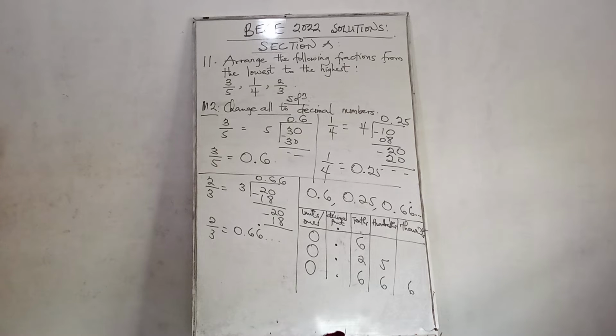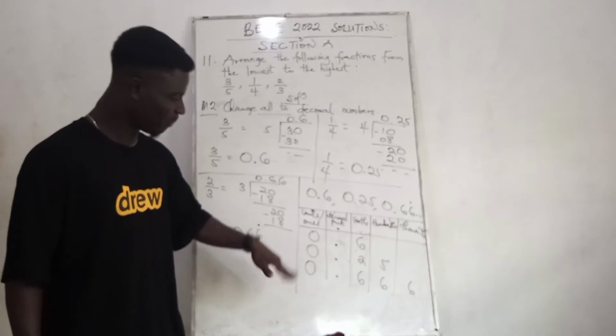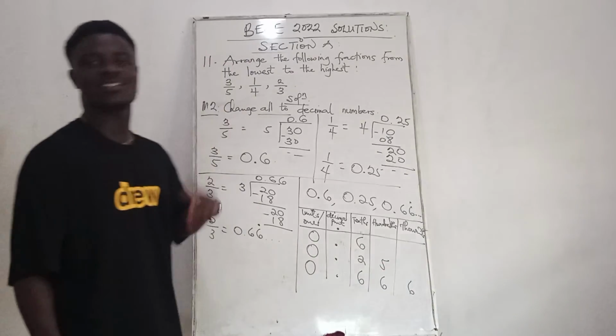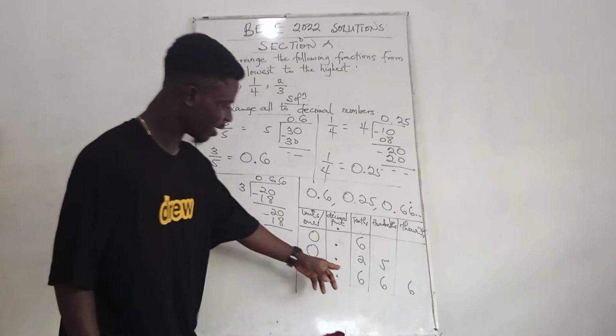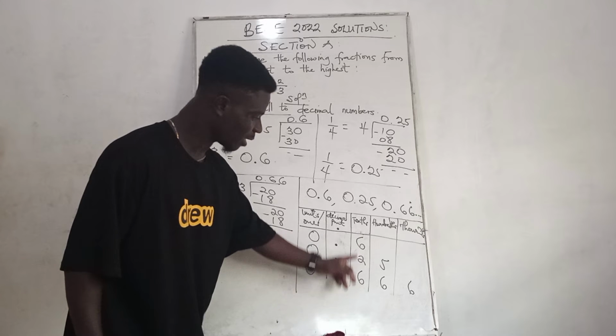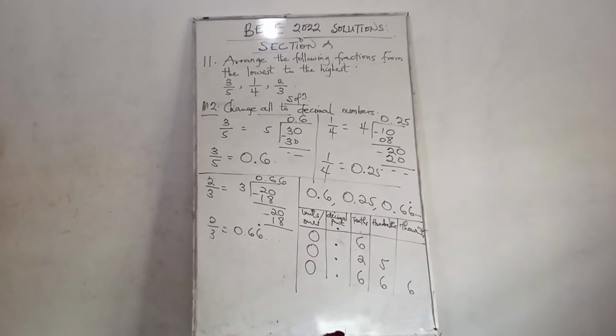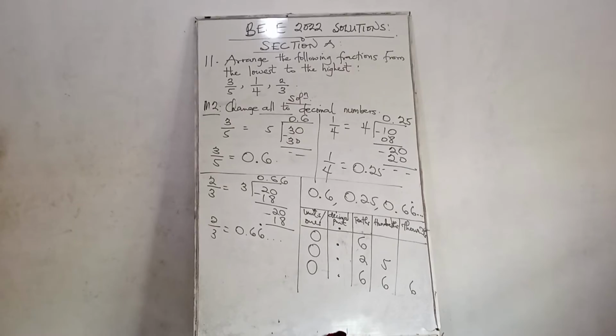So now let's see how best we can solve this. As you can check here, 0.25 is the smallest. Because if you compare the tenths here, which decimal number is the smallest? 2.